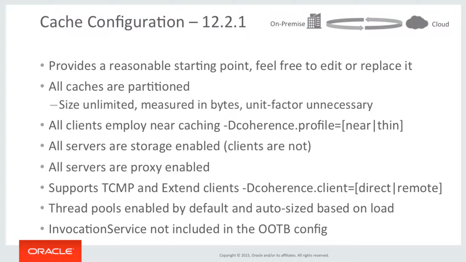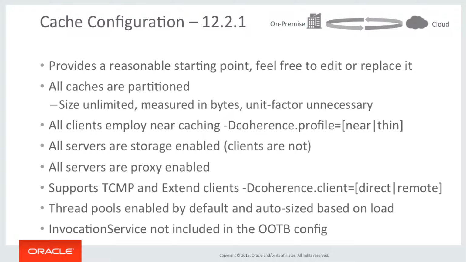And there's a single system property known only to the cache config that identifies what type of client it is. It's either a direct client, which means it's a TCMP-based client. It has a direct connection to the cluster, or it's a remote client, meaning it's an Extend client. So you take the out-of-the-box config, you set this one system property, and all of a sudden your process is running as an Extend client rather than a TCMP client.